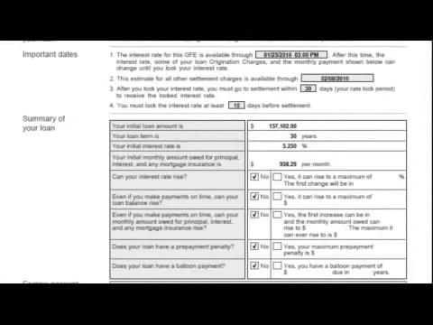So now let's take a look at the first page of the new good faith and highlight a couple key items, specifically the important dates section, items 1 through 4. The interest rate for this good faith is available through a specific date and time.